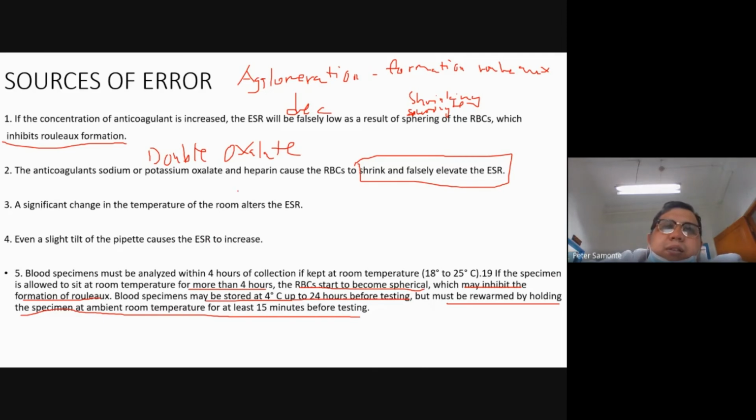So class, just to simplify this, you need to process the specimen within 4 to 6 hours and it should be kept at room temp.